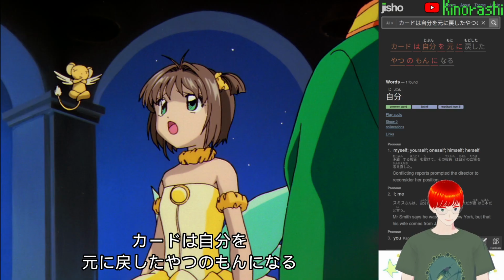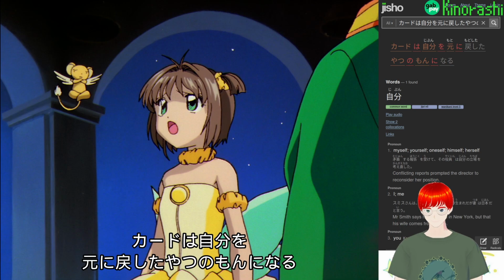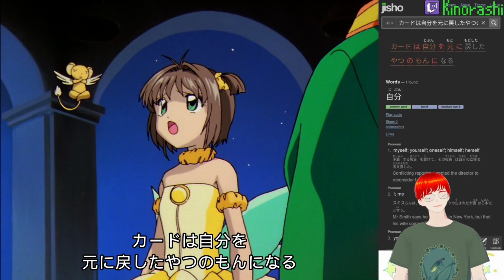The cards are being returned to their original form. So is jibun the card? No, jibun is not the card. In this sentence, jibun refers to the speaker, the person or entity saying the line.